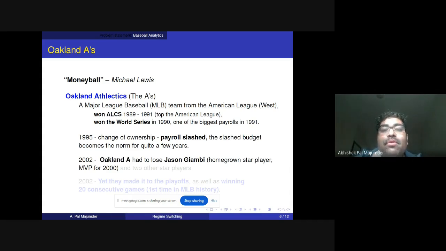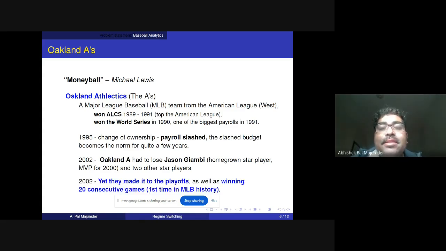So, for example, I'll give you some context. In 2002, they lost their star player Jason Giambi and also two other star players. Even though they lost those players, they still made it to the playoffs. There are around 30 clubs in total. Oakland Athletics is one particular club.